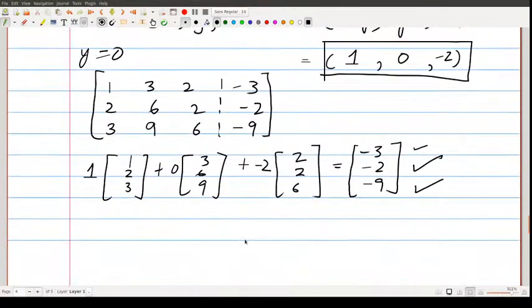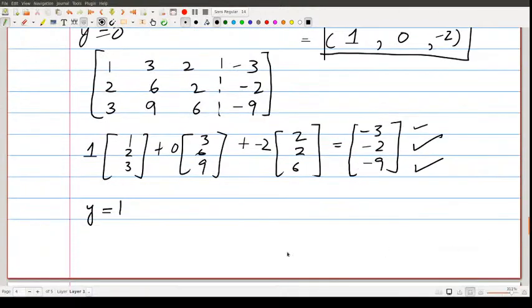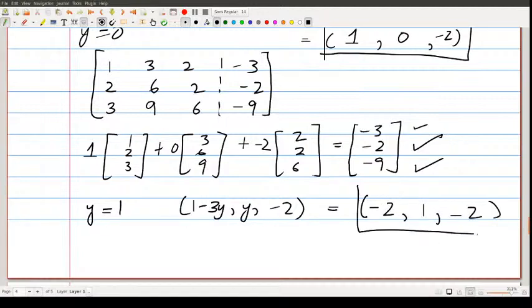I could set maybe y equal to 1, in which case my solution 1 minus 3y, y, minus 2 will become 1 minus 3 is minus 2, 1 and minus 2. So that should give me another solution to the problem, and you can verify by plugging in these values over here, here and here, and you will see you will still get minus 3, minus 2.